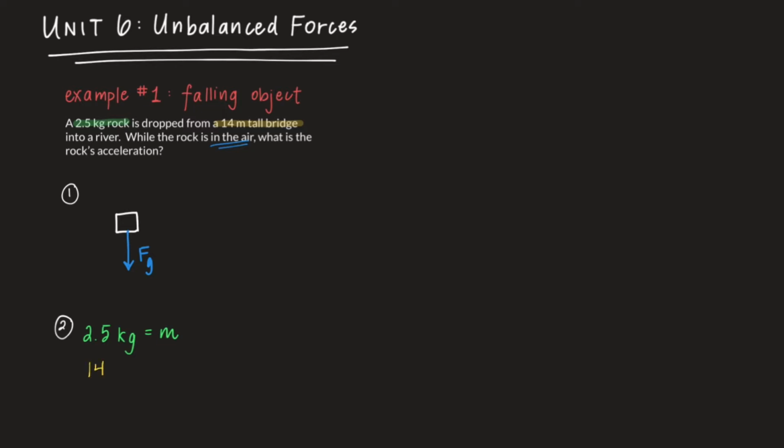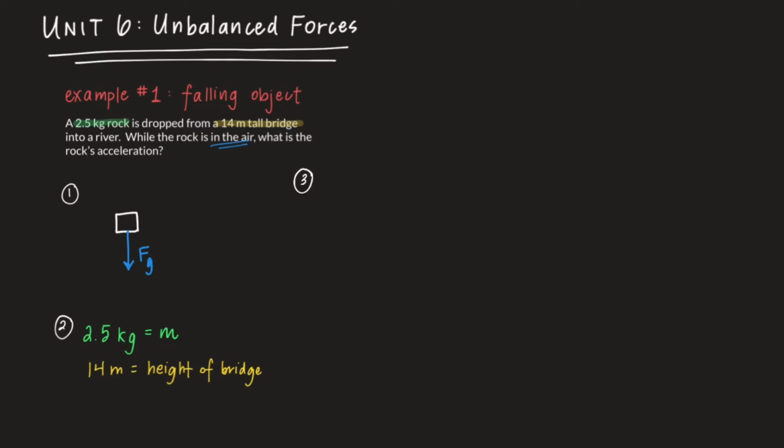I don't know if I'll need it. I actually won't need it, but we'll write it down. 14 meters is the height of the bridge. So we'll write that down as one of our givens. Those two are the only numbers that were given in the problem, so that's pretty much all we need to write down. So we can move on to our next step.